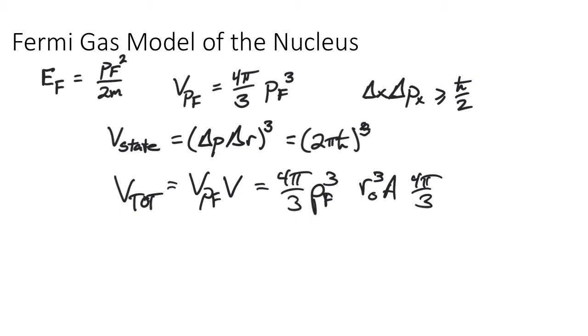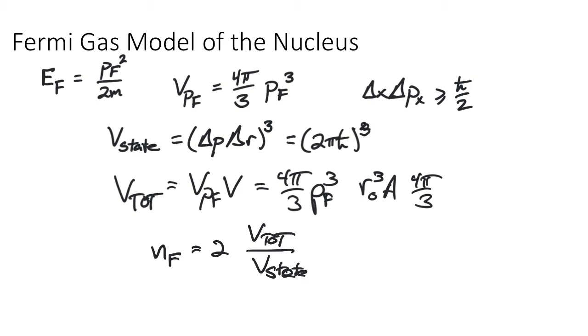And when we solve for that, we can convert this into the number of fermions going out. We also have to remember that there's a factor of 2 for the spins being up or down, but then the number we have up to the Fermi level is just going to be 2 times this V total times the volume of one of these states that we had before.